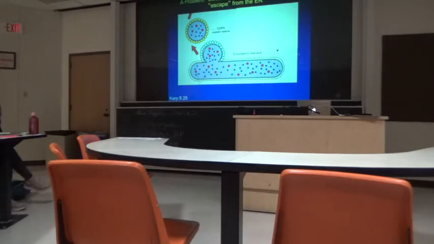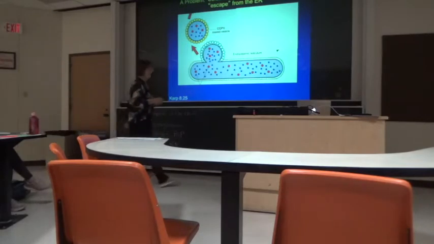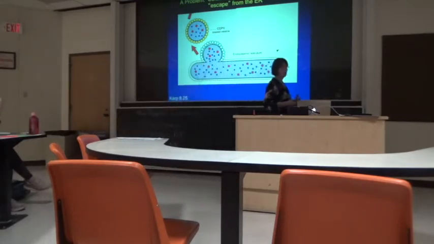It's showing you here, these might be ER resident proteins that are floating around doing their job of folding and whatnot. And with some frequency, along with the secretory proteins, which are shown in red, they're captured in these vesicles. There's nothing in the lumen that could really retain them back in the ER. So these can, with some frequency, escape from the ER, and the cell has to have a way to return them.